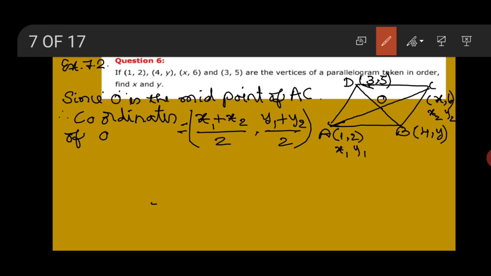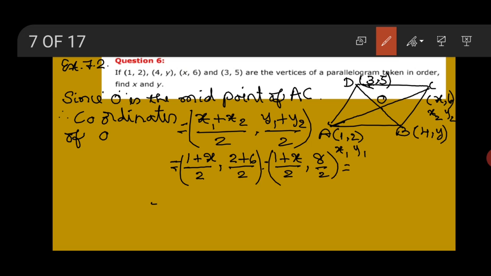Therefore coordinates of point O is given by x1, 1, plus x2, which is x, divided by 2, then y1 is 2 plus y2 is 6 divided by 2. So it is equal to (1 plus x) divided by 2, 8 by 2. 8 by 2 is equal to what?